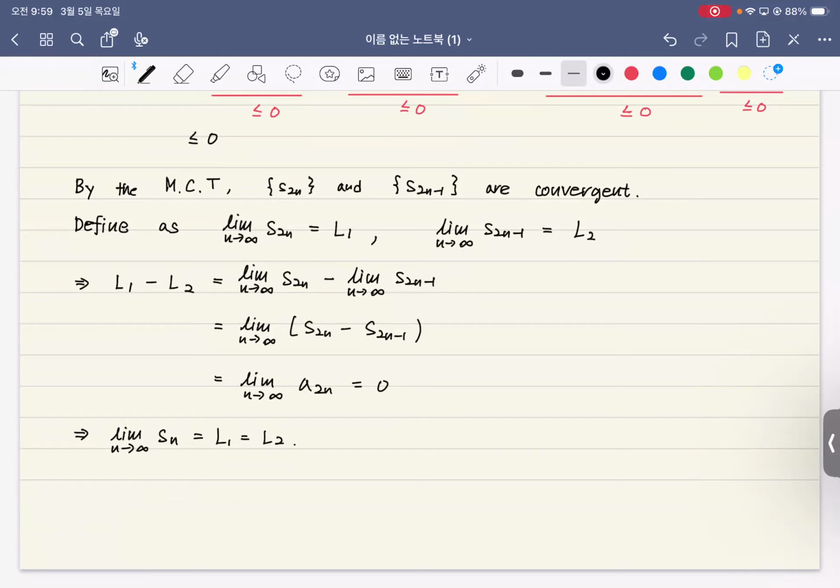So this is the alternating series theorem. So what is an alternating series? If your series changes its sign term by term, the first one is positive and the next one is negative, the next one is positive and the other one is negative, so if the sign changes one by one, then we say the series is an alternating series.